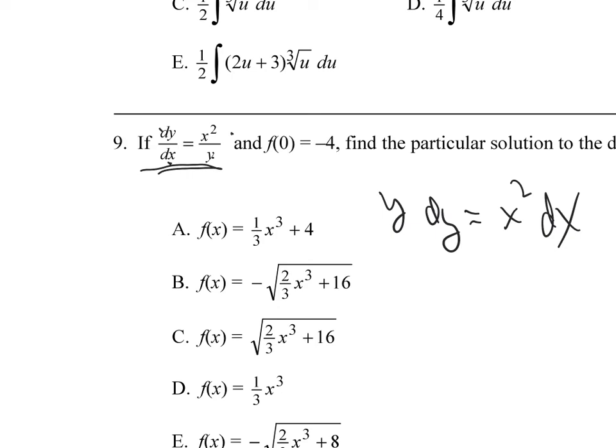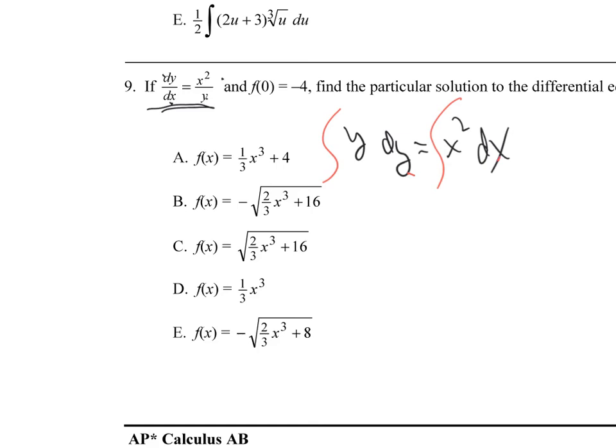And then in this case, if you integrate both sides, that gets rid of the differentials. And the y is with the dy for a reason, because if this is my u, this is my du.